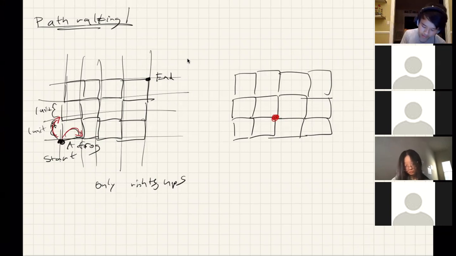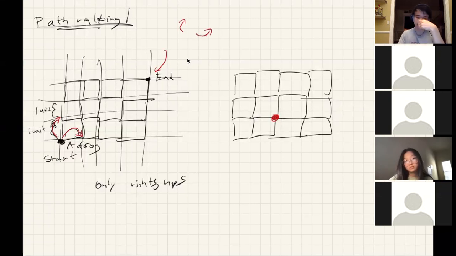Eventually it needs to end up at the endpoint right over here. So the question is asking how many distinguishable paths allow you to travel from the start point to the end point using only a series of up and right jumps, right?